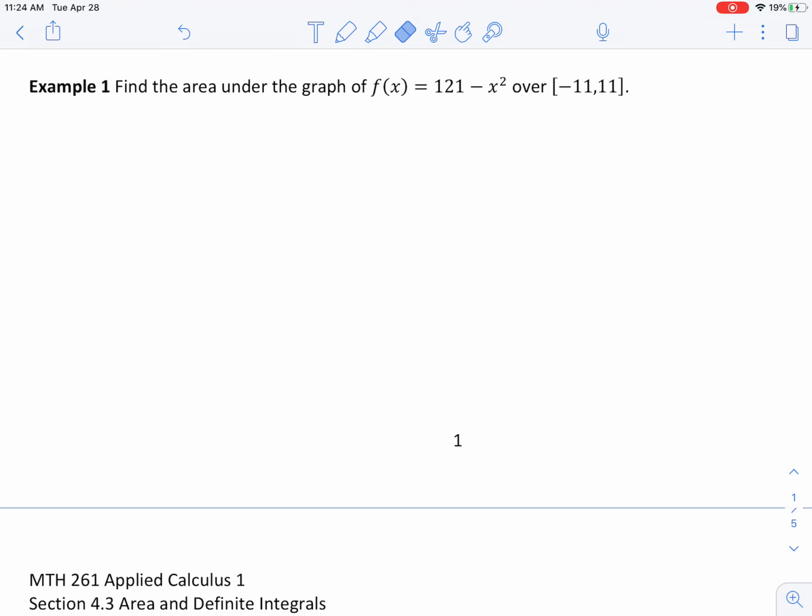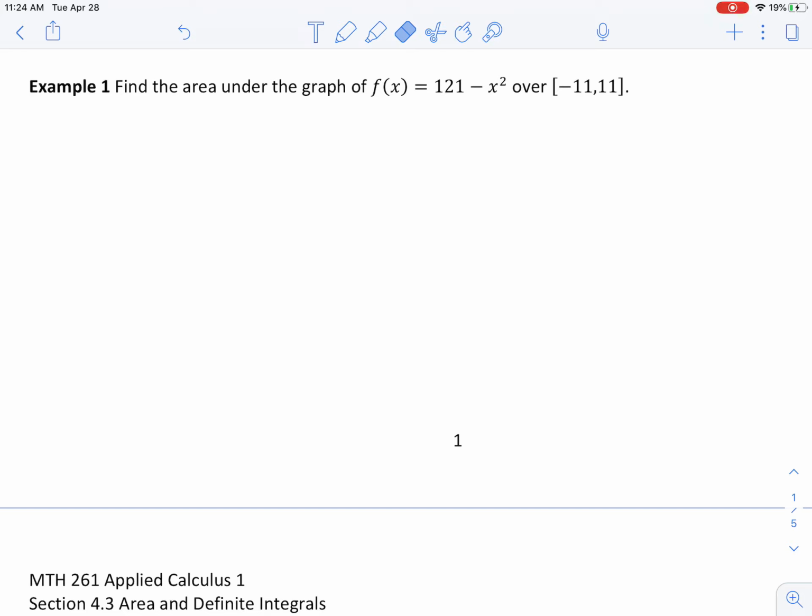Well, so let's do this. Find the area under the graph of little f of x equals 121 minus x squared over negative 11 to positive 11. Now, the method that you and I talked about gives us an approximate area, the Riemann sum method.